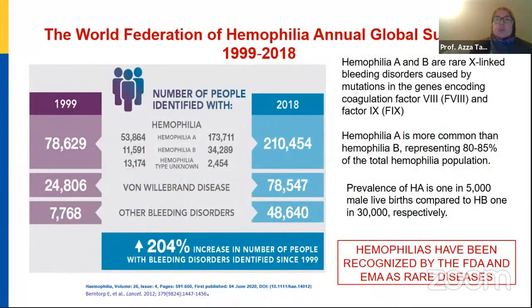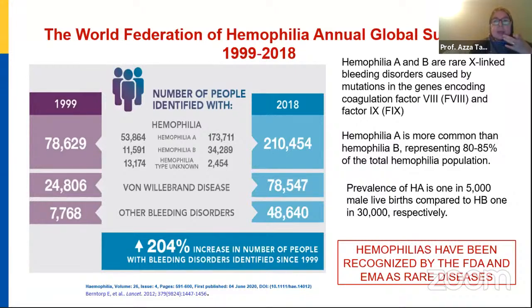This is the World Federation of Hemophilia annual global survey, 1999-2018. As you see, in 2018, hemophilia A and B were about 210,000 patients, with an increase of 200% in the number of people with bleeding disorders identified since 1999.